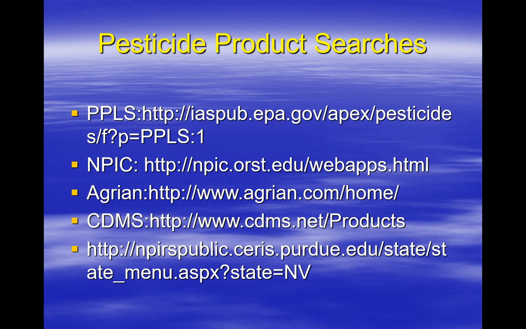CDMS, or Crop Data Management System, has product labels available, mostly agricultural products, for you to review. Agrion has a web page, as does NPIRS, also known as the National Pesticide Information Retrieval Service. This list is not complete. Many states have their own pesticide label database or link directly to one or more of these web addresses listed on the slide.